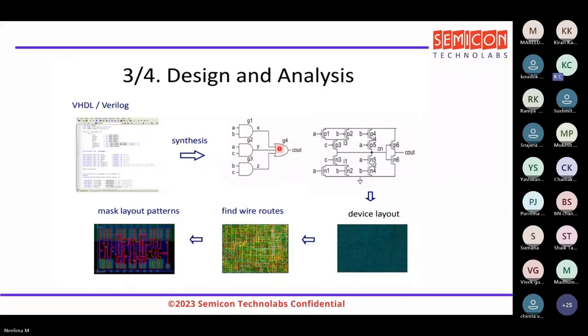Okay, based on the layout patterns, the foundry will start fabricating, and it will provide you the die which is packaged by the packaging unit. Okay, and that will be sent to market after it is tested, right? Now, from the mask layout patterns from the previous slide, the next step is to send it to the foundry. The foundry person will have something like this.